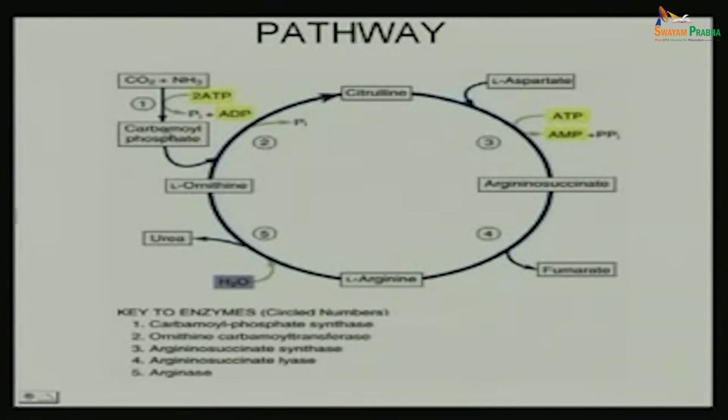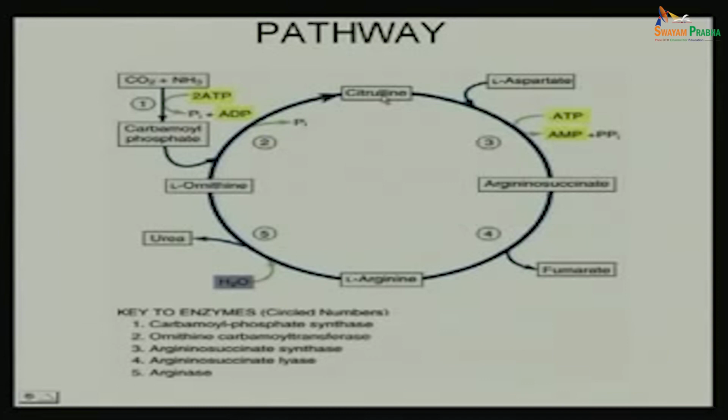This carbamoyl phosphate, in the presence of ornithine, is converted to citrulline, and the enzyme playing a significant role is ornithine carbamyl transferase. So, here you see this is producing citrulline. Up to this process, it is going on in the mitochondria of the cell.